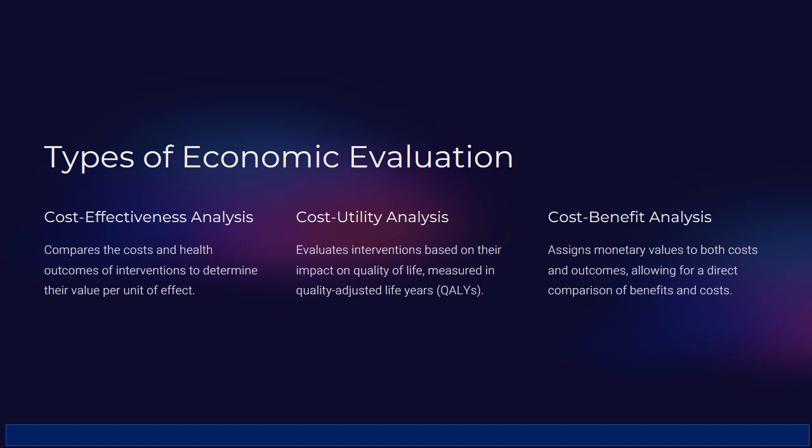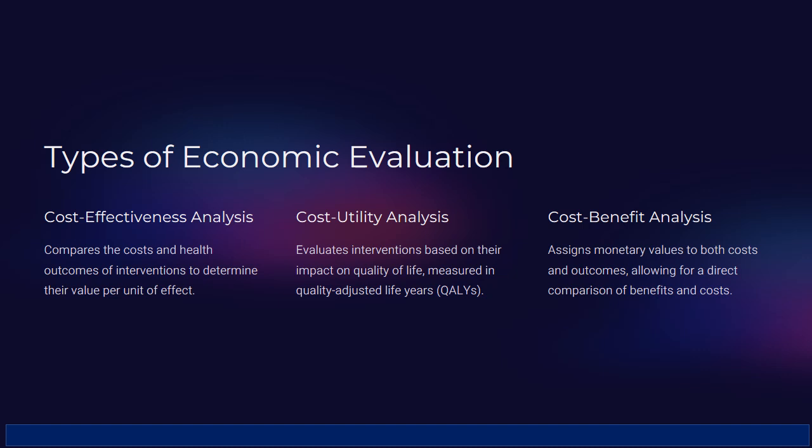What does it say? It compares the cost and health outcomes that determine their value per unit of effect. In other words, it compares two or more interventions by their health outcomes, often measured in natural units like years of life saved or cases prevented.